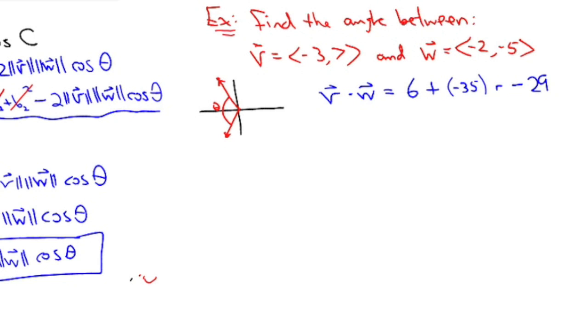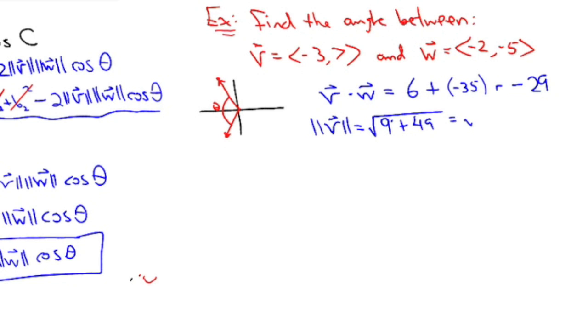All right, we also need to know the magnitude of v. Well, how do you find the magnitude of v? It's the square root of the components squared added together. So negative 3 squared is 9, plus 7 squared is 49.